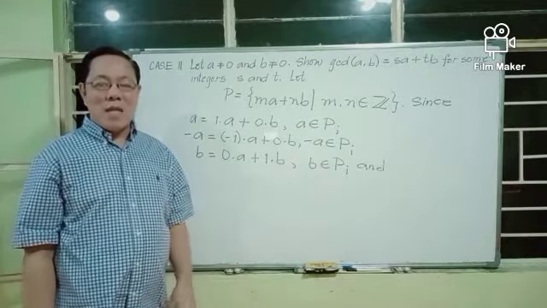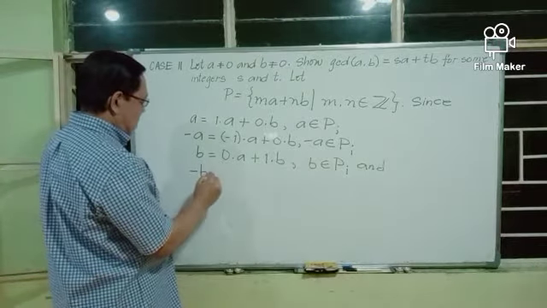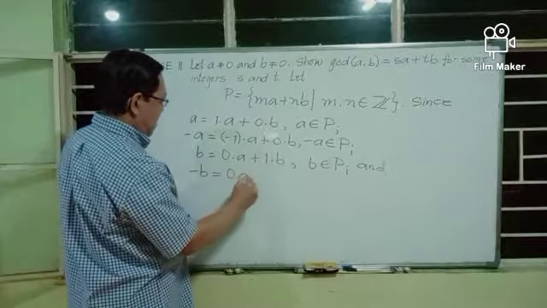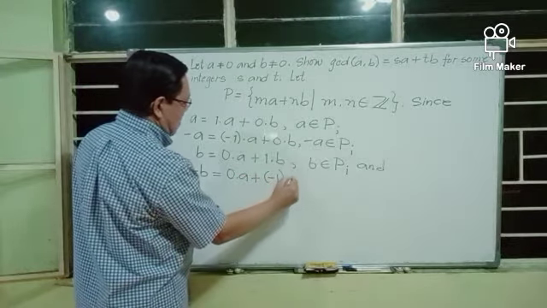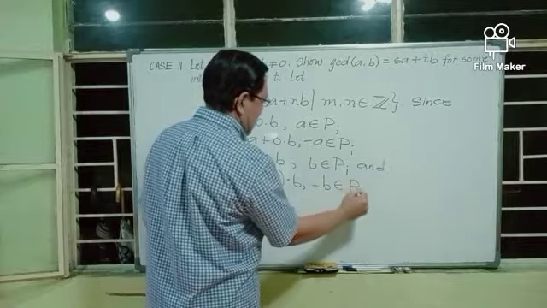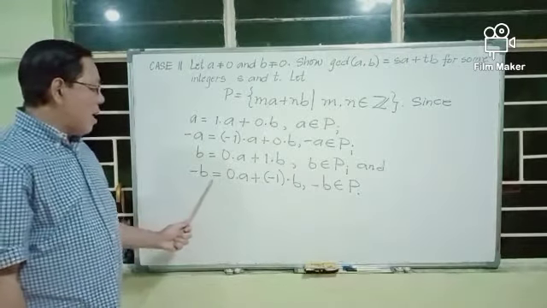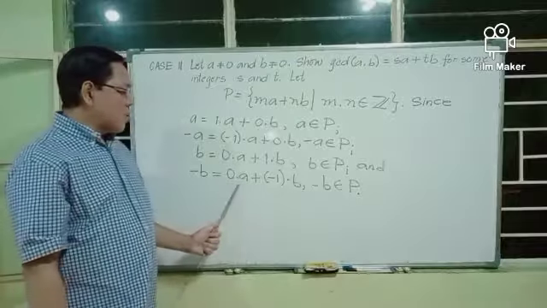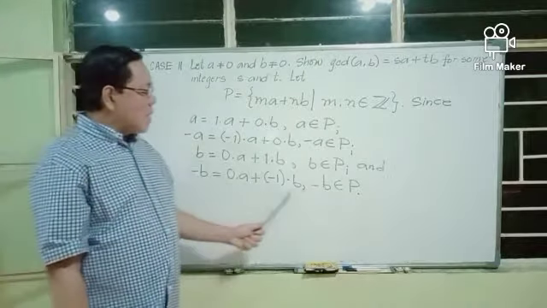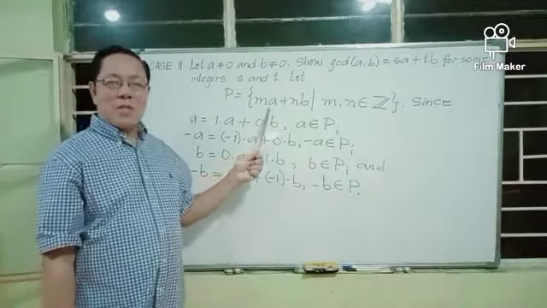And finally, we show that the negative of b is also an element of P. If we write negative b as this expression, 0 multiplied by a plus negative 1 times b, which simplifies to minus b, then we can conclude that minus b is also an element of P, the set of all linear combinations of the integers a and b.